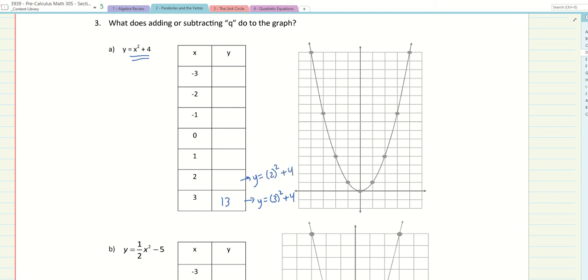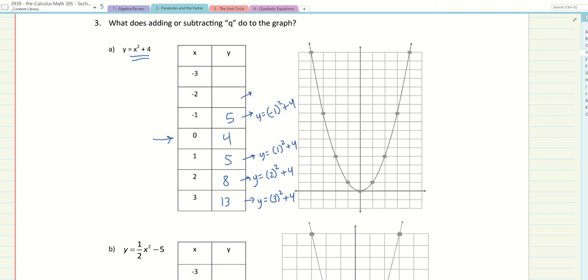That's 4 plus 4 is 8. 1 squared plus 4 is 5. 0 squared is 0, plus 4 is 4. Negative 1 squared is 1, plus 4 is 5. And I can see that symmetry happening in this chart right around the middle part.